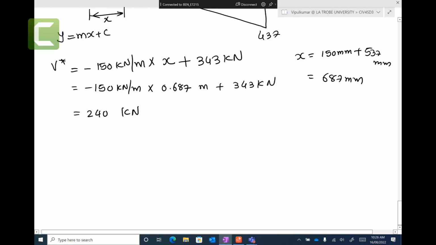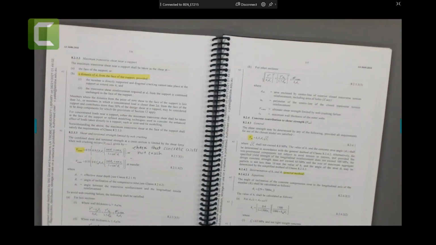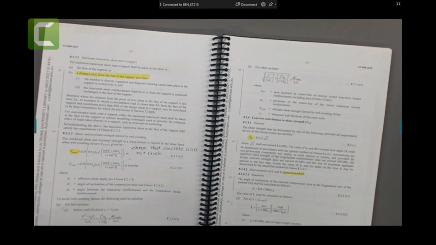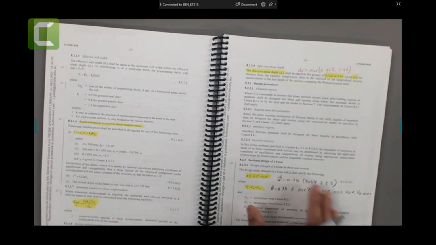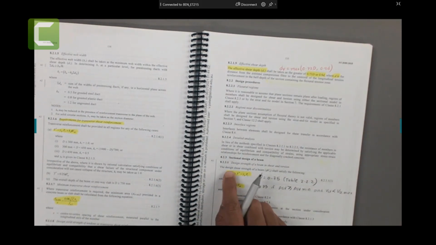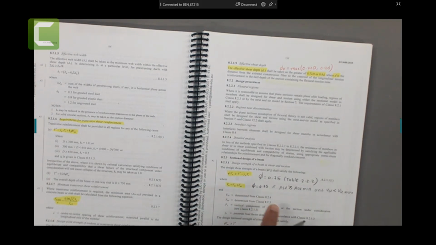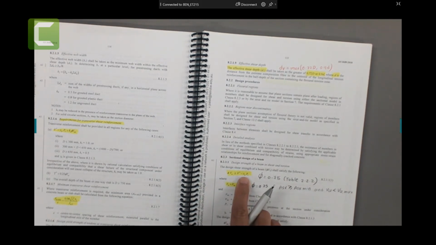Now we have requirements in the standards written somewhere here. Let me check clause 8.2.3.1, which says that your phi VU should be greater than your V star. PV is 0 because we don't have a pre-stress, so we don't need to worry about this.